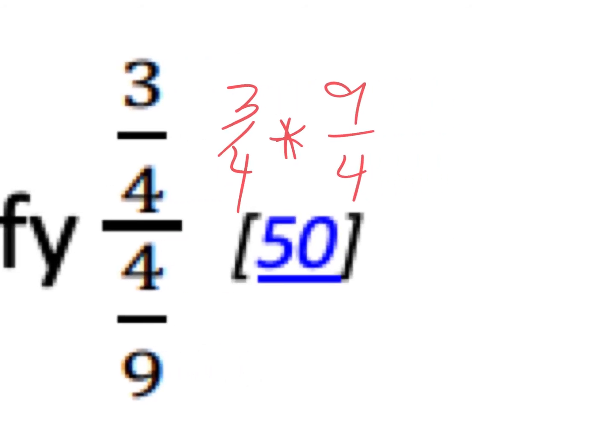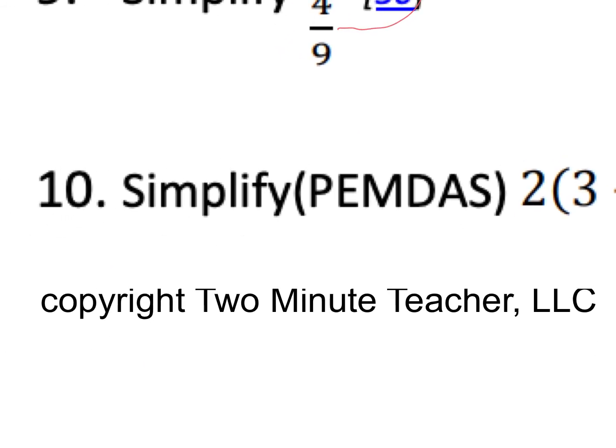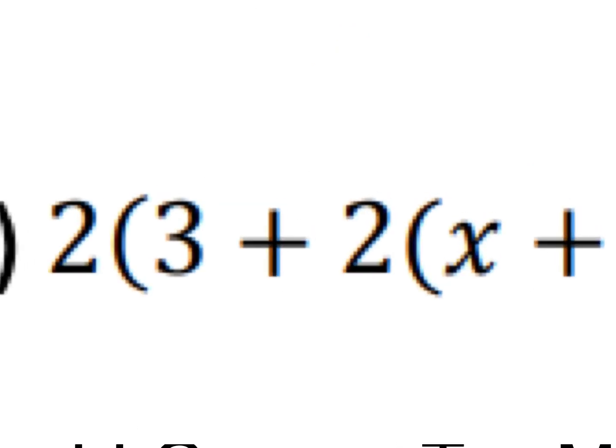Did you say 27/16? Raise your hand if you did. Good. That's all there is to that one. The bottom one just gets flipped over. Notice the top one doesn't get flipped. Top one stays 3/4.